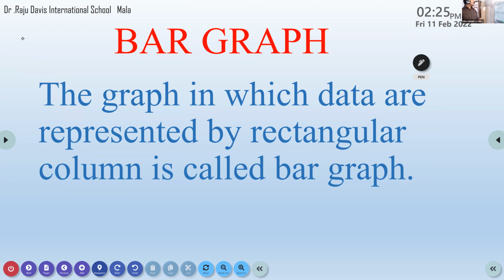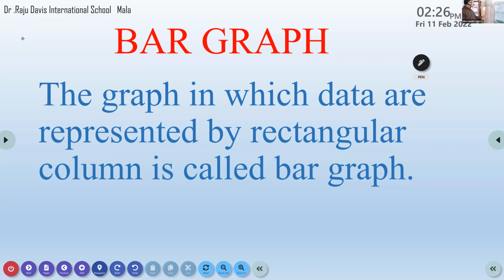So the graph in which data are represented by a rectangular column is called bar graph. Did you get the idea what is bar graph? All of you write in your lecture note, what is bar graph. The graph in which data are represented by a rectangular column is called bar graph.